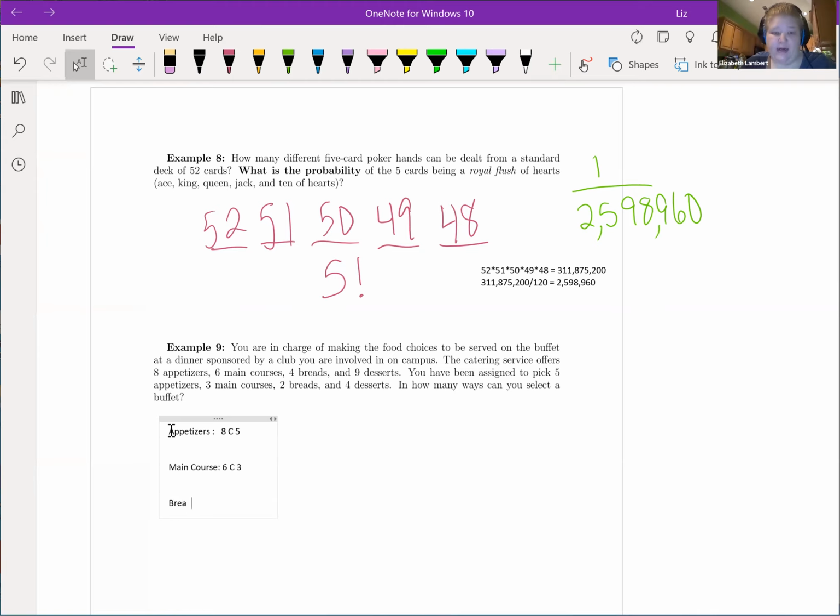Then the bread, there are 4, and I'm going to choose just 2. And then dessert, there are 9 lovely ones, but I am only allowed to pick 4 because budgeting sucks. All right.